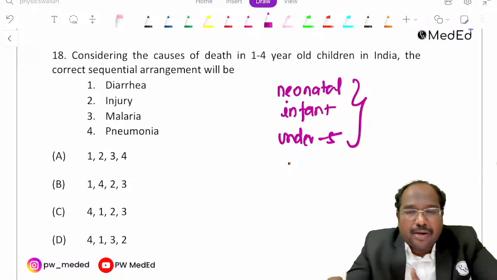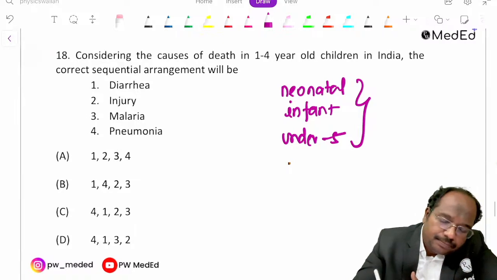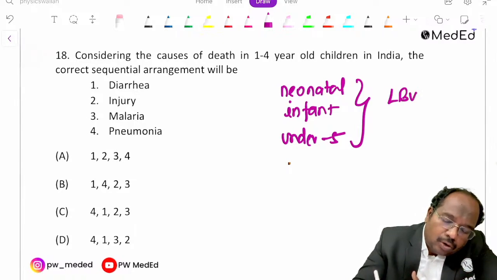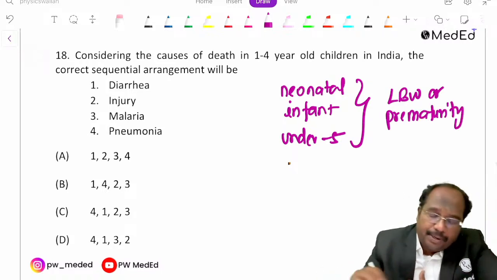What is the most common cause of death here? For neonatal period, infant mortality, and under 5 mortality, the most common cause is low birth weight or prematurity.